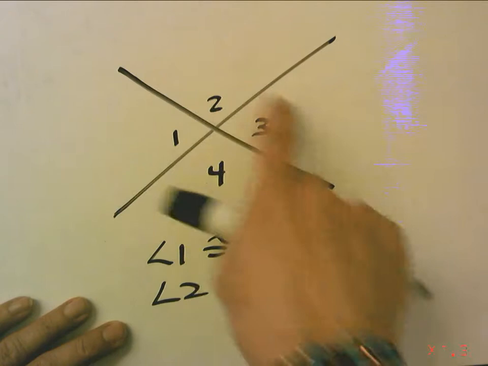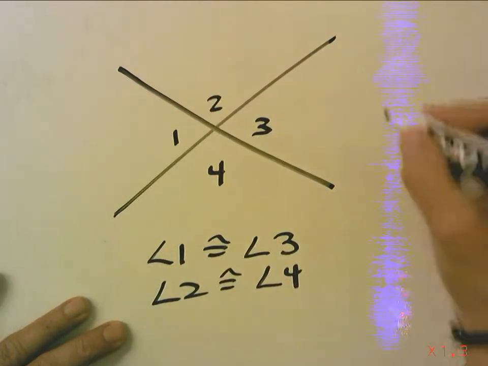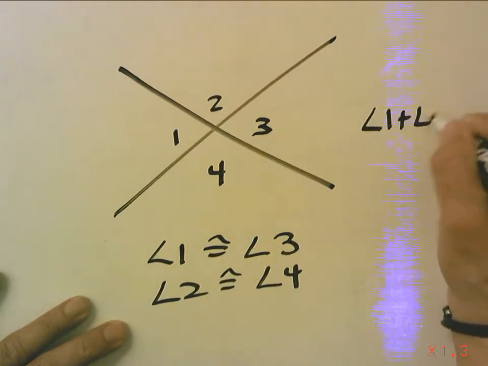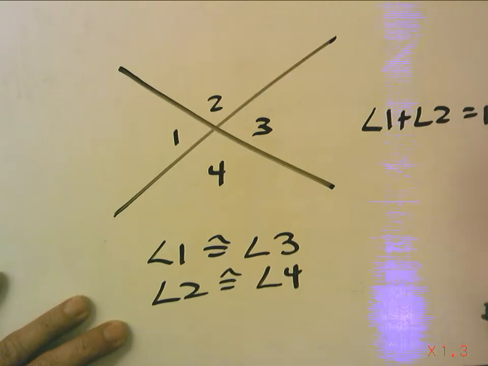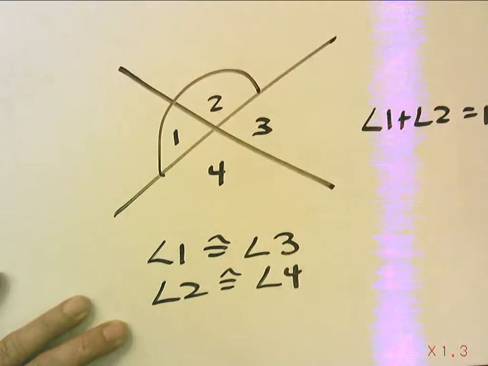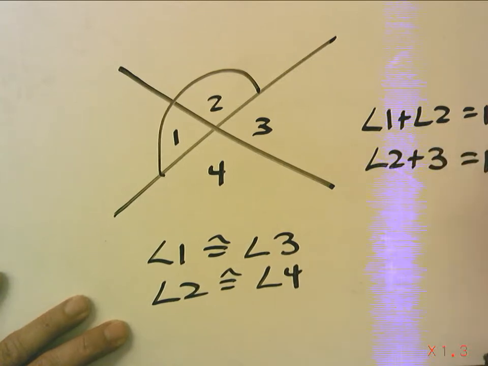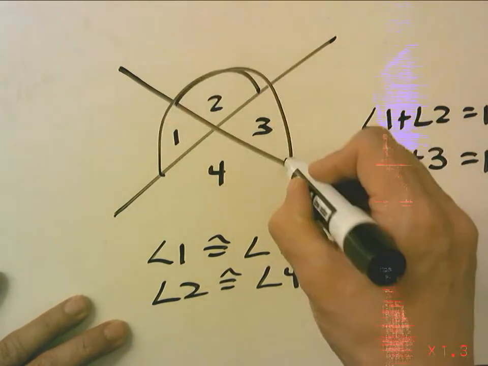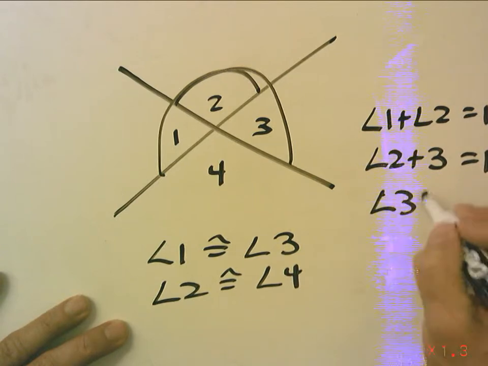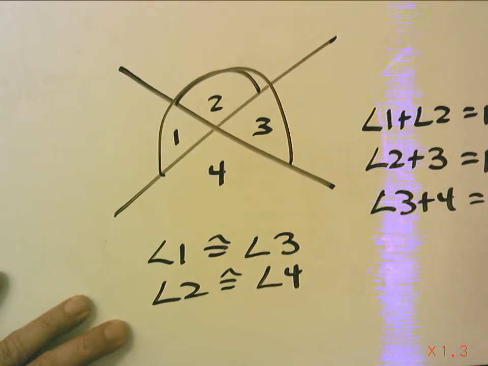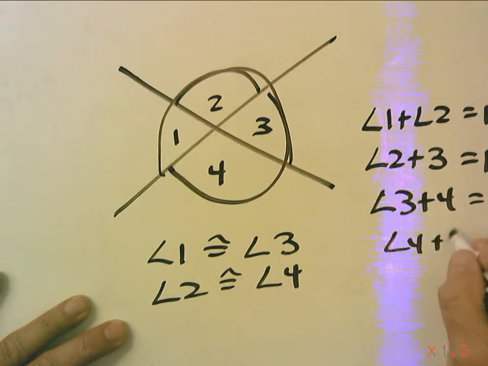They're congruent because they're vertical angles. Angle 1 plus angle 2 equals 180 because that's a straight line. Angle 2 plus angle 3 equals 180 because that's a straight line. Angle 3 plus angle 4 equals 180 because that's a straight line. And angle 4 plus angle 1 equals 180.